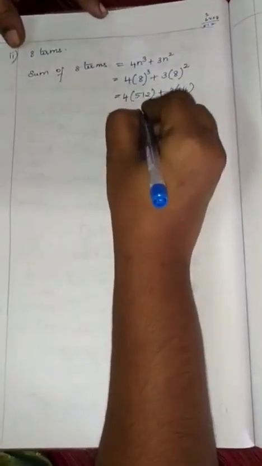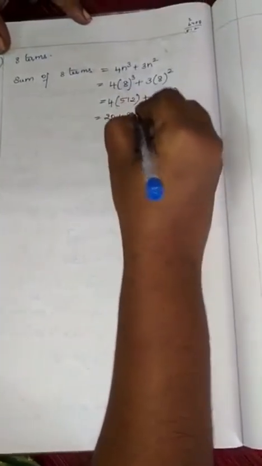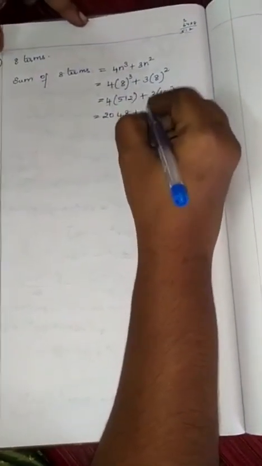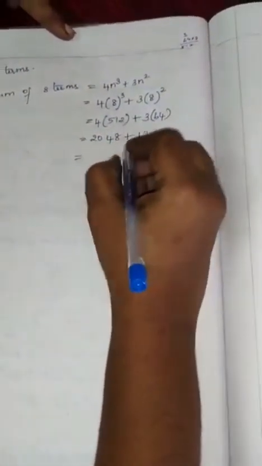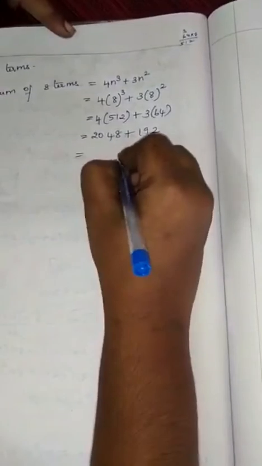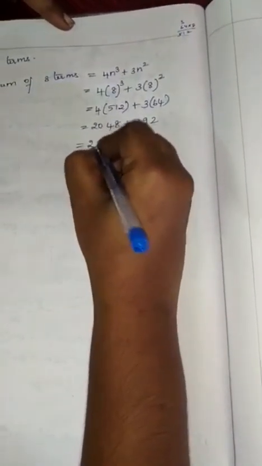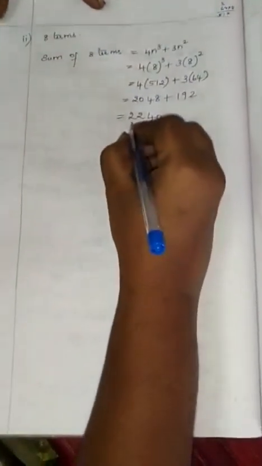Now multiply this. 4 2s are 8, 4 1s are 4, 4 5s are 20, so 2048. Plus multiply this: 3 4s are 12, 3 6s are 18, 19, so 192. Now add this. 2048 plus 192. So the sum of 8 terms is 2240.